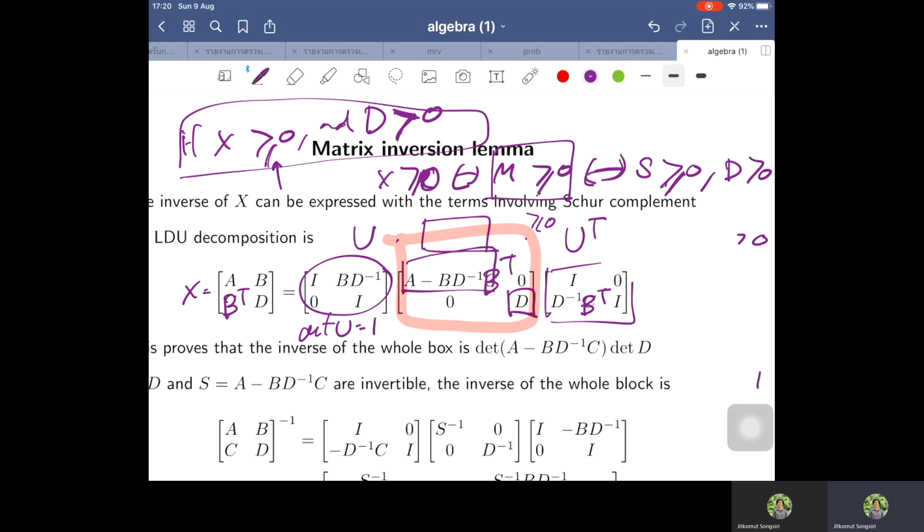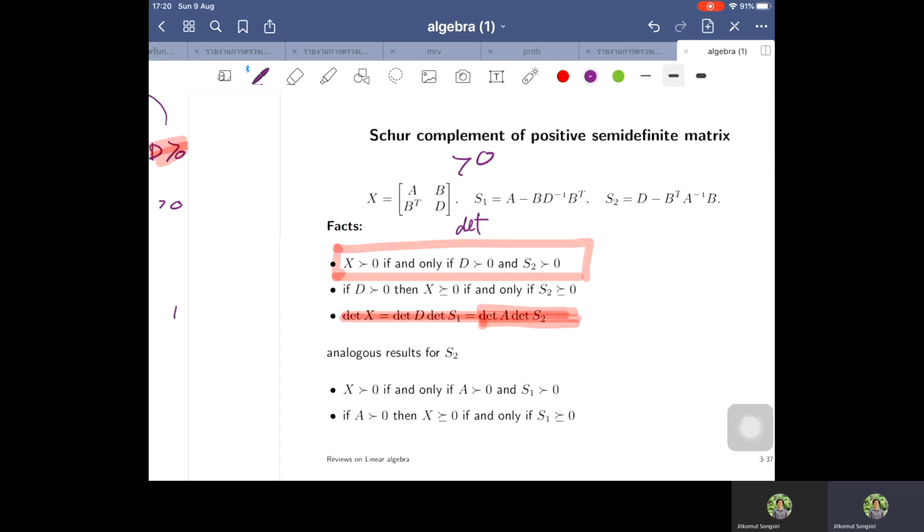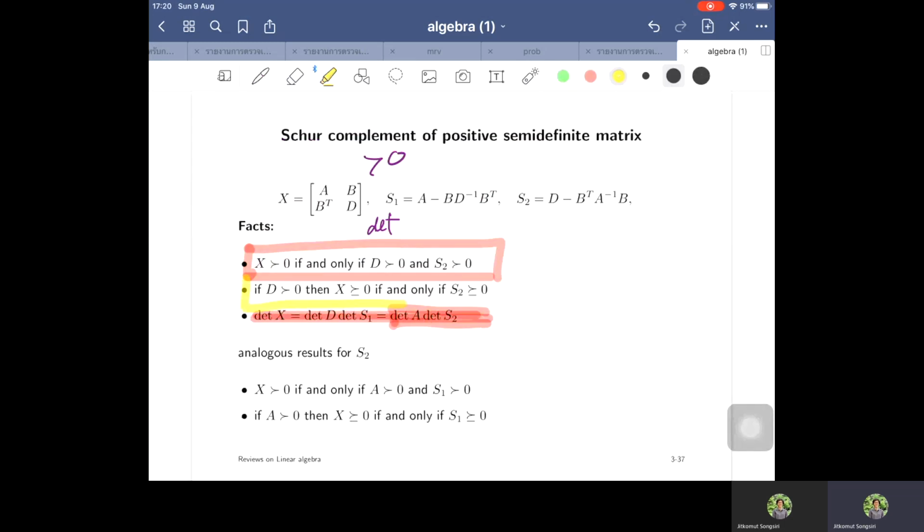So if the orange block is positive semi-definite, but by the assumption the matrix D is positive definite, we conclude that the term that makes M positive semi-definite must come from the Schur complement. That's how we get the second conclusion. And this is the conclusion from the Schur complement of D in X. Another result can be concluded as well for the Schur complement of A in X. This is for S2.